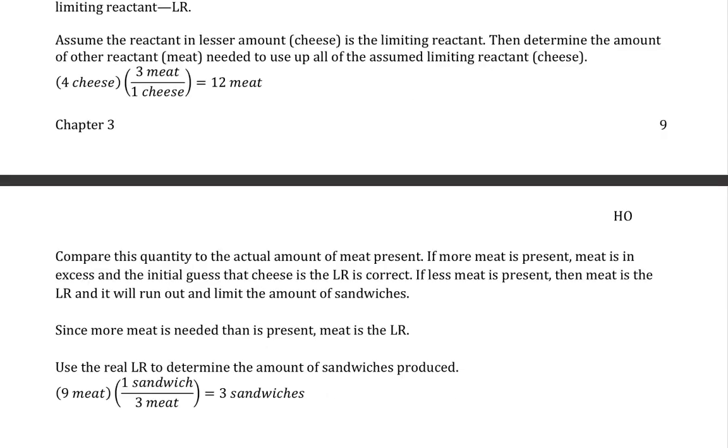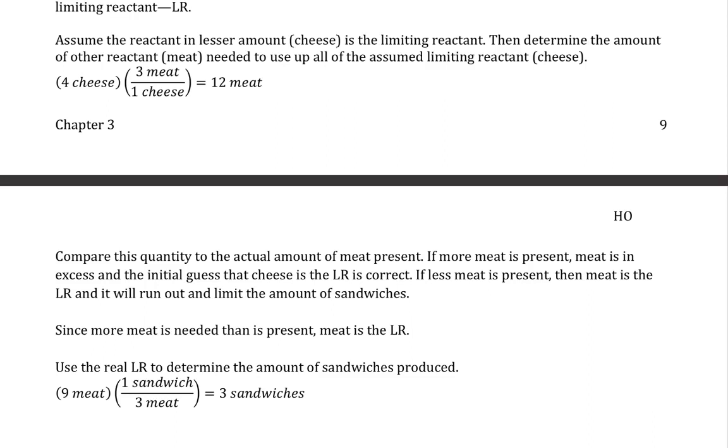Next, we compare this quantity to the actual amount of meat present. If more meat is present, then meat is in excess, and the initial guess that cheese is the limiting reactant is correct. If less meat is present, then meat is the limiting reactant, and it will run out and limit the amount of sandwiches.